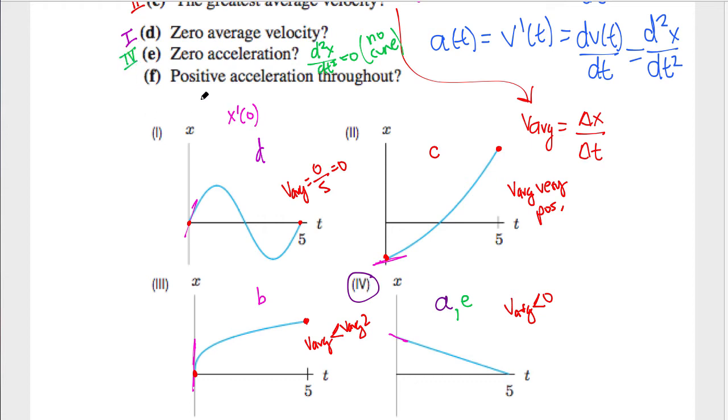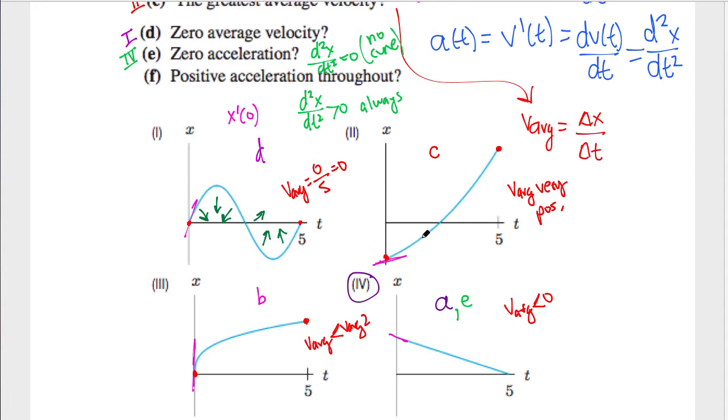And finally, which one has a positive acceleration throughout? So d squared x dt squared is positive always. For number 1, we have concave down and then concave up. So our concavity, or our second derivative, changes, so it's not number 1.